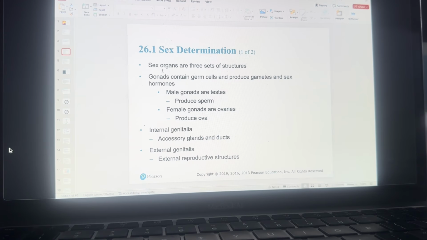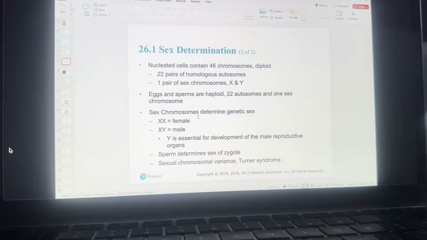Males have testes that produce sperm, and in females, the gonads are ovaries that produce ova, right? As a human race, we're typically dimorphic, meaning we have two different sexes.